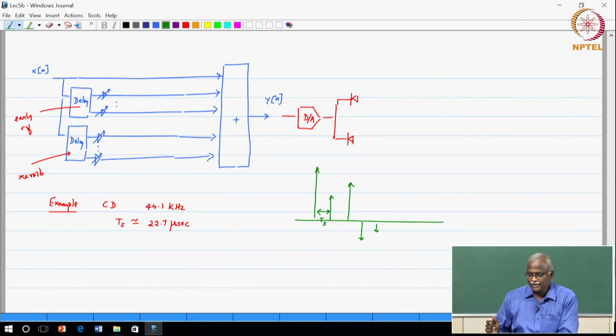Now, anything that I do in the form of a delay, if I want to implement a delay in the digital domain, it will be z power minus n naught, where n naught is an integer.